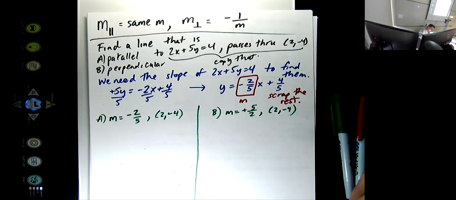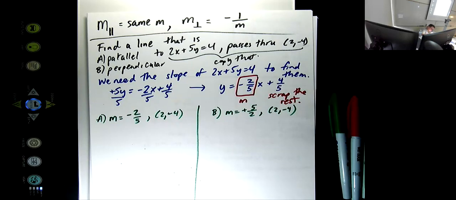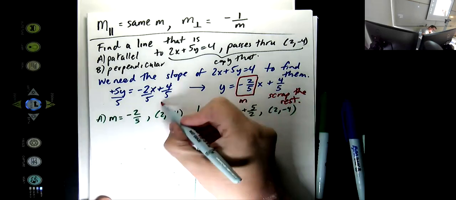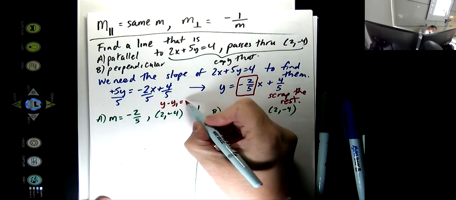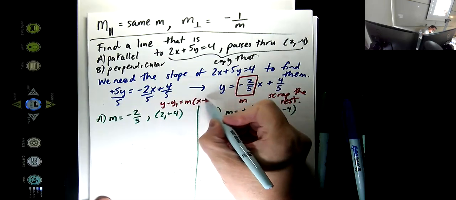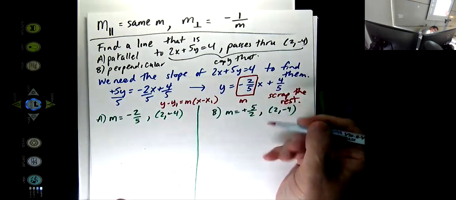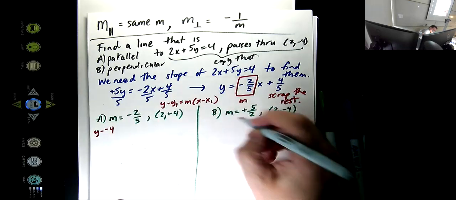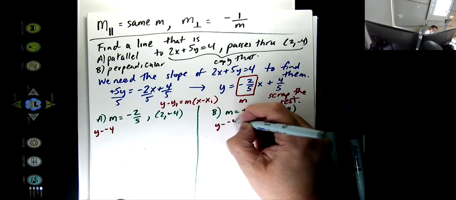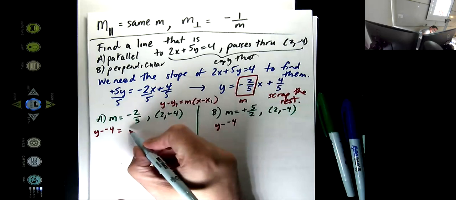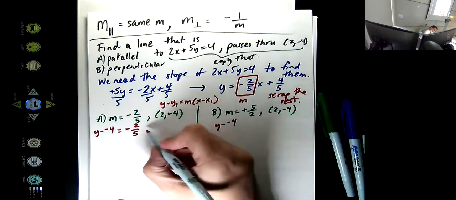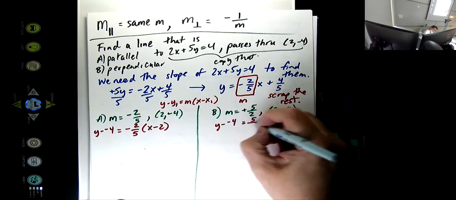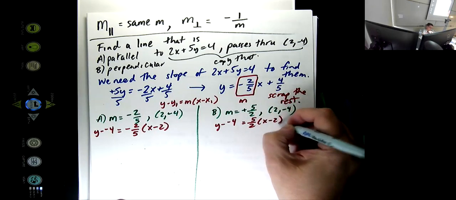Neither of them is the y-intercept, so I think y minus y1 is the easier form here, the point-slope form. We have y minus -4, the same setup on both sides. This one has -2/5 times x minus 2. This one has 5/2 times x minus 2.